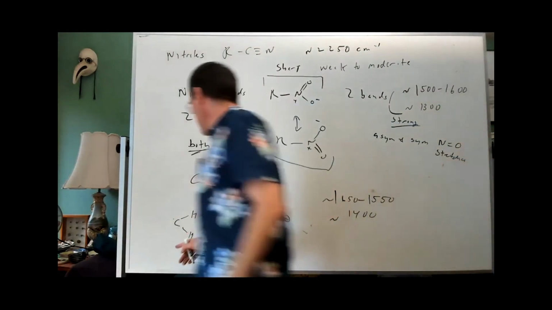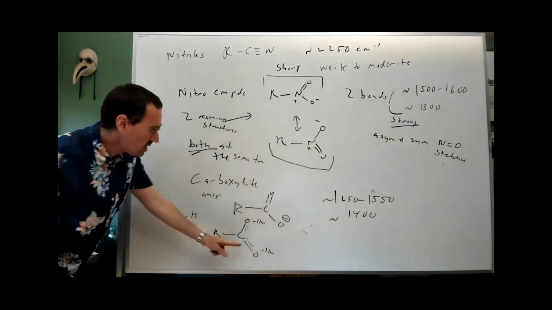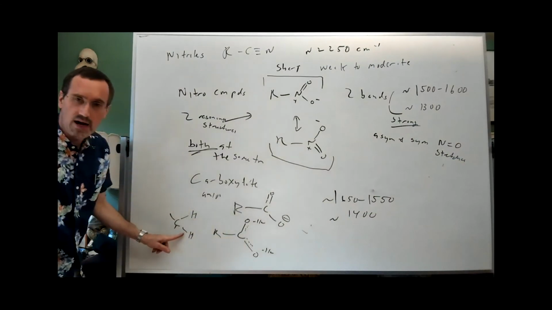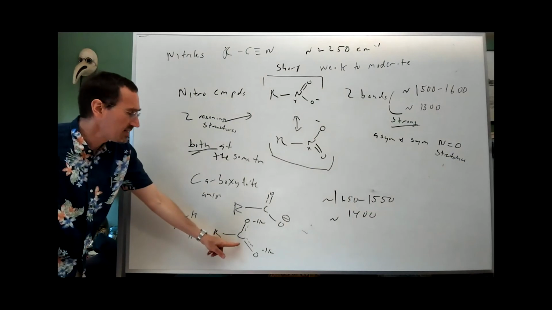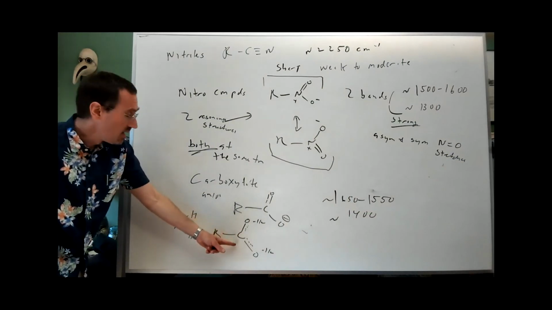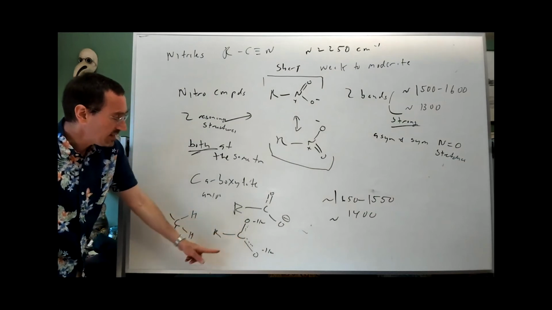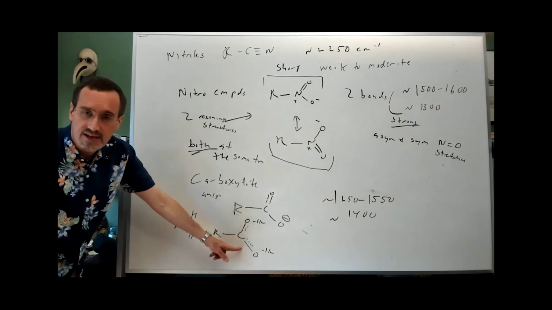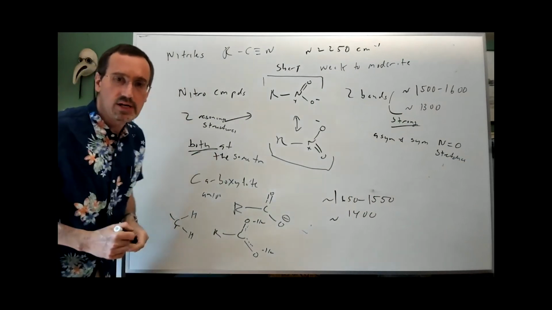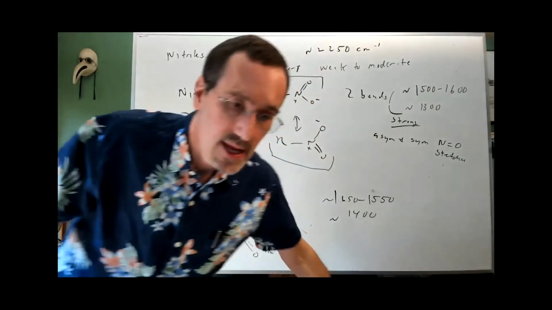It's just that we have a stronger stretching frequency than a single bond, but of course our reduced mass is different and the bond strengths are slightly different. But basically, yes, we have a bond and a half and a bond and a half, and it's still going to do that asymmetric stretch and the symmetric stretch.